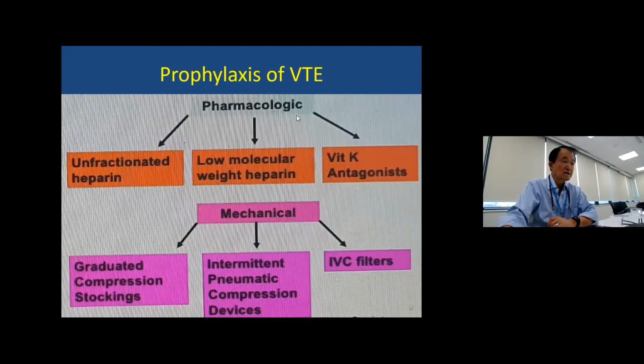So for treatment or prevention of this venous thrombosis, we usually use heparin. Low molecular weight heparin is now mostly used, and vitamin K antagonists, and certainly a mechanical filter, or compression of the dilated venous system by stockings.